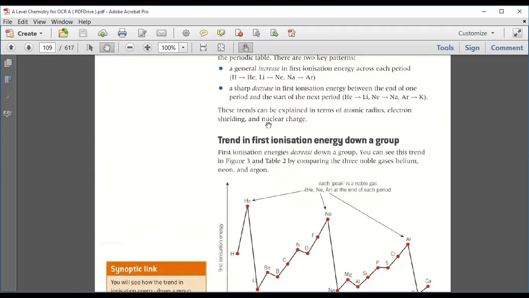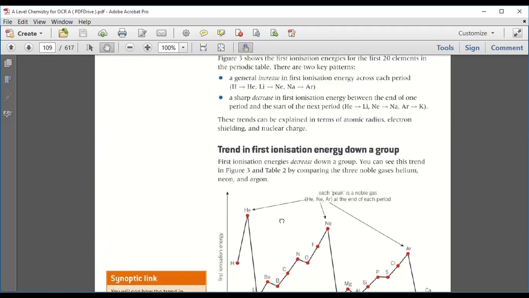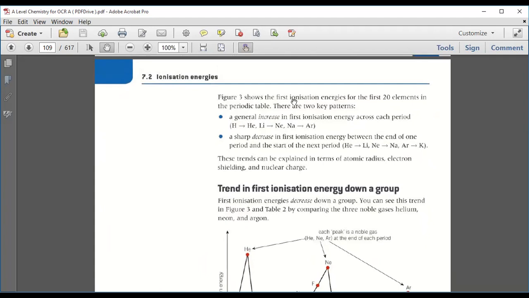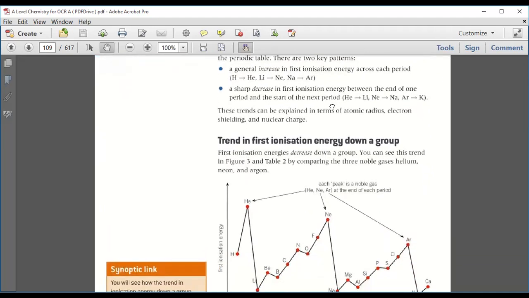Now we'll see figure number 3. Figure 3 shows the different ionization energies of the first 20 elements in the periodic table, and there are two key patterns. There is a general increase in ionization energy across each period, from hydrogen, helium, lithium to neon, and then sodium to argon.